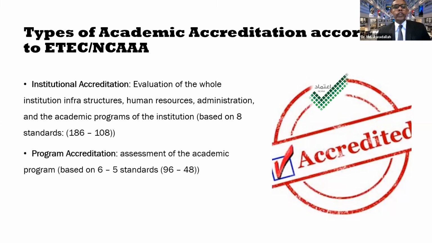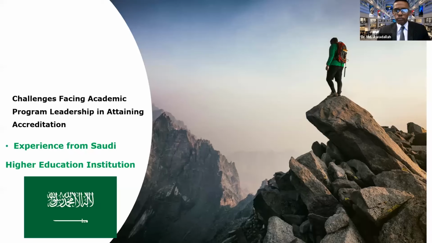Also, they grant program accreditation, which is the assessment of an academic program based on 6 standards. Very soon, it is going to be 5 standards, and the criteria were 96 before, and they are going to make it 48 criteria.